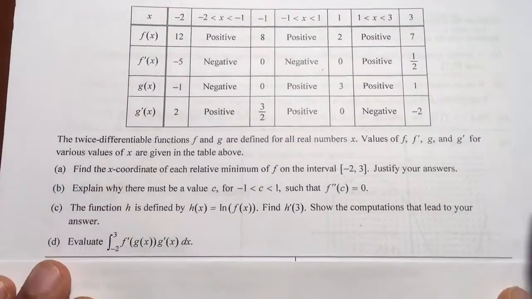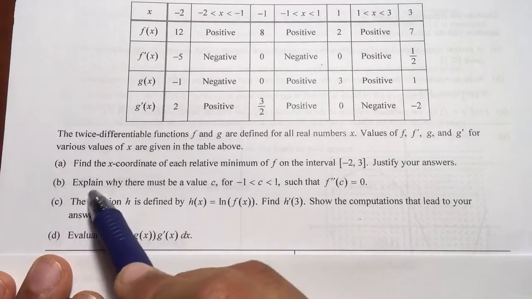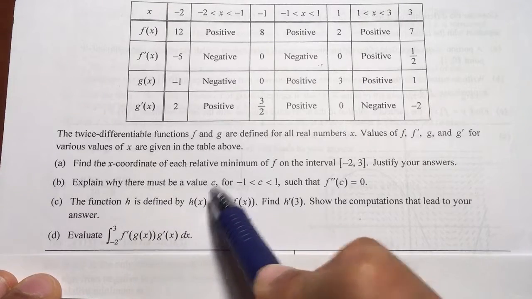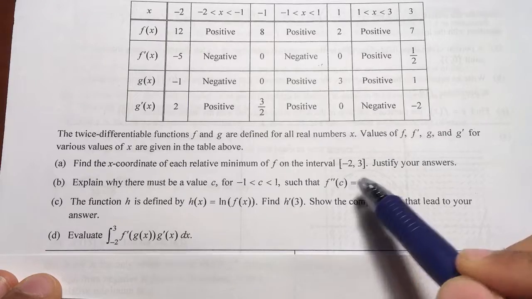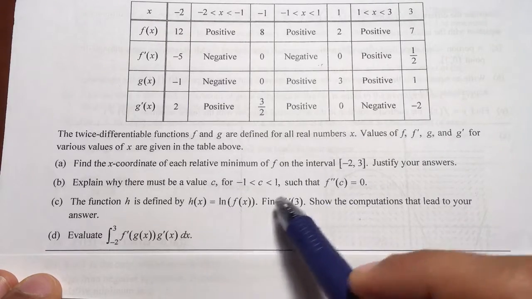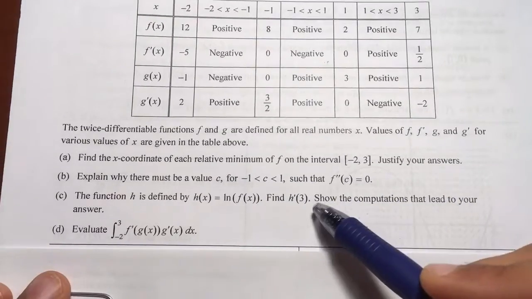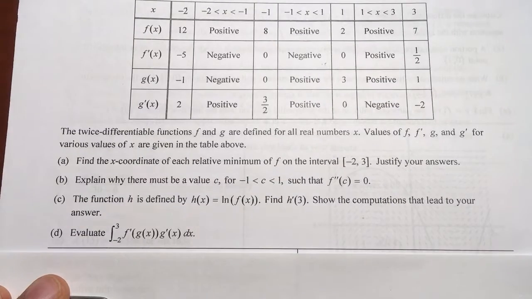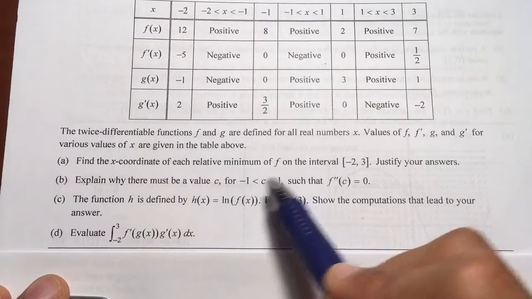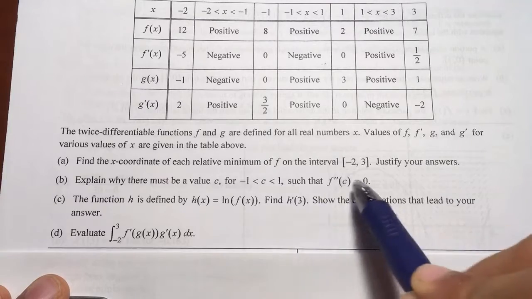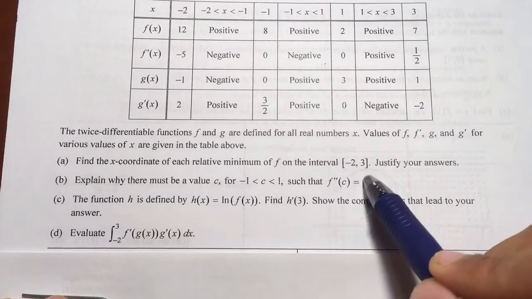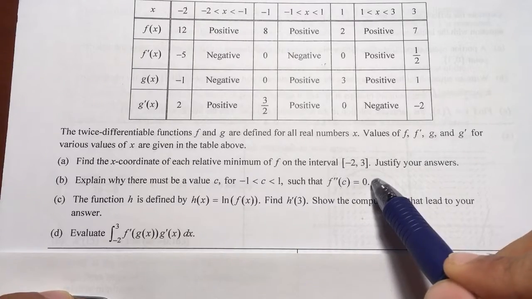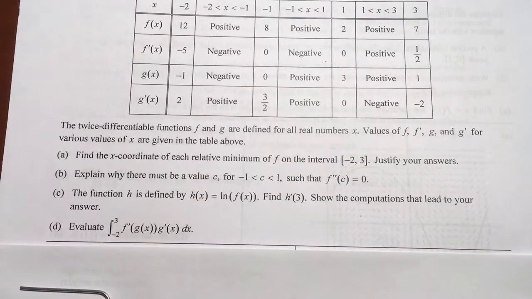Part B is asking us why there must be a value of c between -1 and 1, such that the second derivative is equal to 0. Now anytime I read this kind of legal math jargon, I always know it's going to be some sort of theorem. So the first thing I'm going to do is, I notice I have an interval and I have a rate, so I'm going to find the average rate of change for f double prime, using my algebra 2 slope.